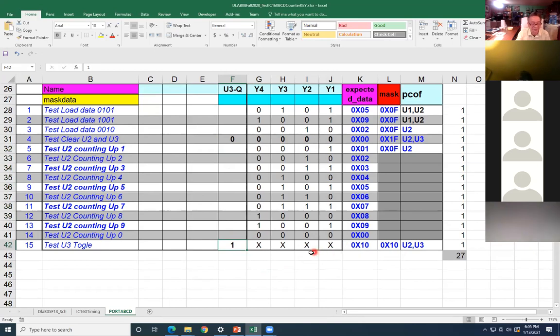You want to know if U3 toggled from 0 to 1, and those other bits you don't care about. That one we already did for the counting. So no matter what bit in here doesn't matter to me. I just want to see this one, is it 1 or not 1?